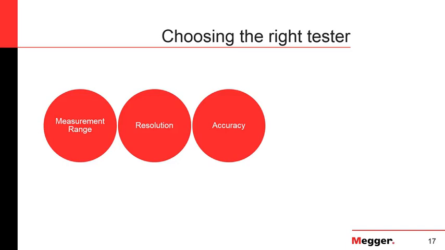Make sure you pay attention to this factor, and you should prefer the instrument that states the accuracy as a percentage of the reading, and not the ones stating the accuracy as a percentage of the range, as those will be less accurate.